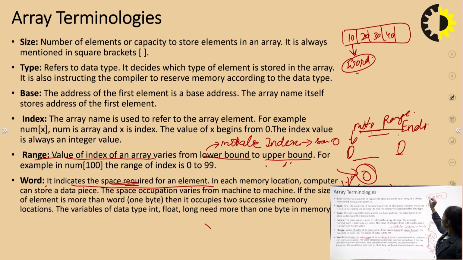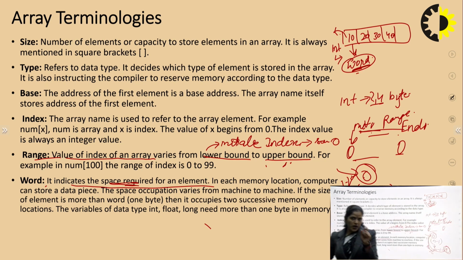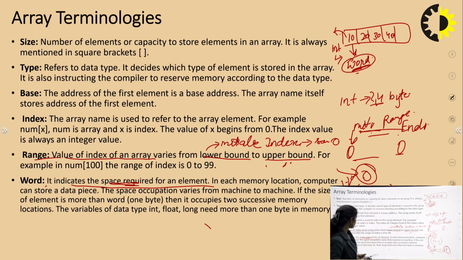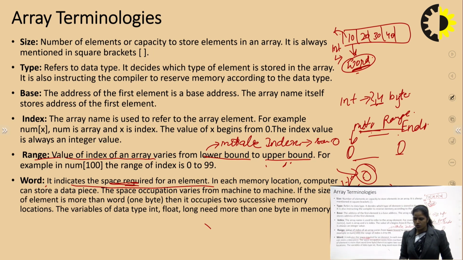If I declare this array as integer type, and integer occupies 2 or 4 bytes in memory, then the word 10 will occupy 2 or 4 bytes, depending on the compiler design. So this is the main key terminology of the array used in the C language.